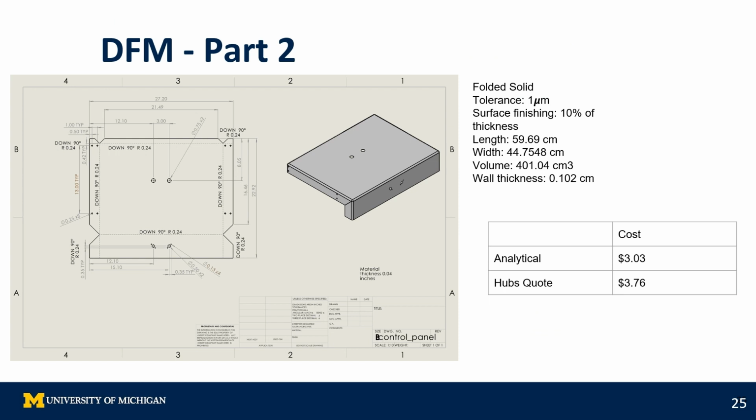Looking at our redesign, we can see that the overall size does get a little bit bigger. The width remains the same, but the length does increase quite a bit. And we can see that our new quote analytically will be about $3.03 per part, and the Hubs quote will be about $3.76 per part, of course, meaning that our improvement has saved money.